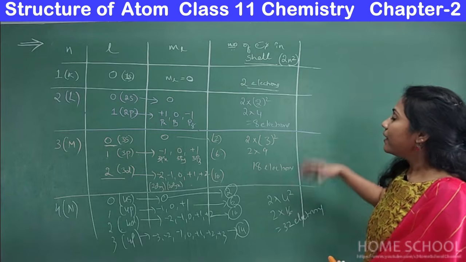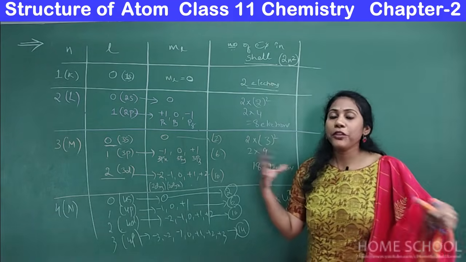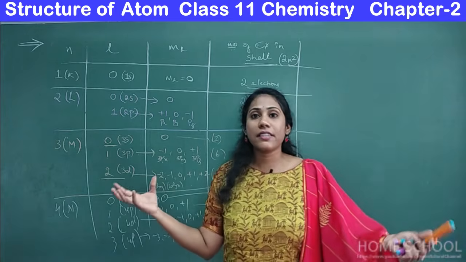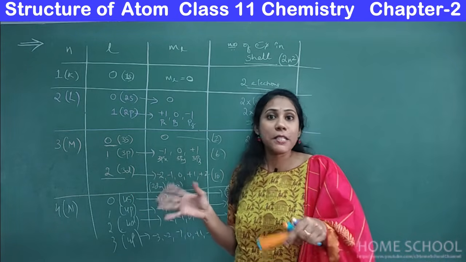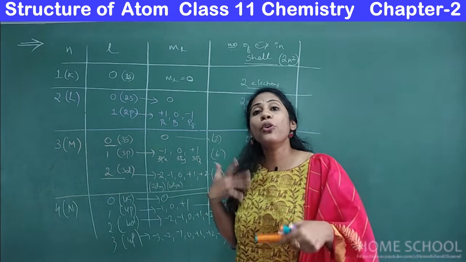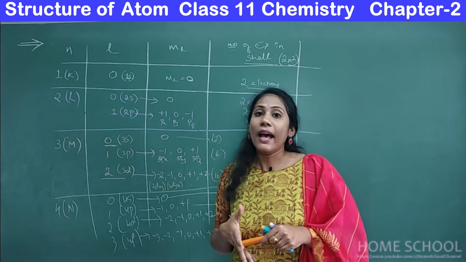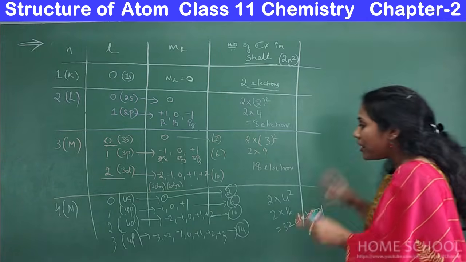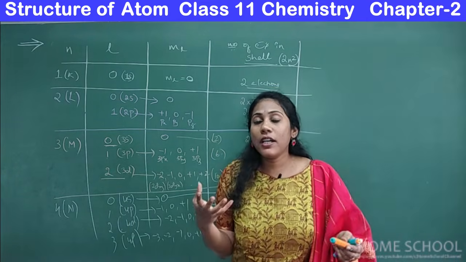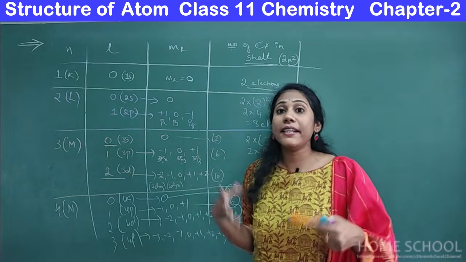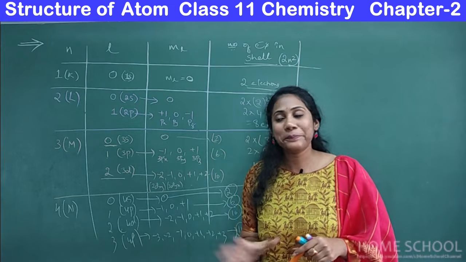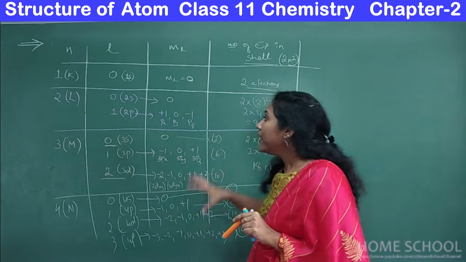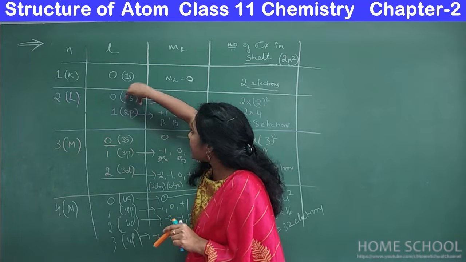So as you go away from the nucleus, as the shell size increases, the number of subshells present is more, so more electrons can be accommodated. I think you have got a picture of where exactly electrons can be present and how. In my next class, let us discuss the shape of s orbitals.